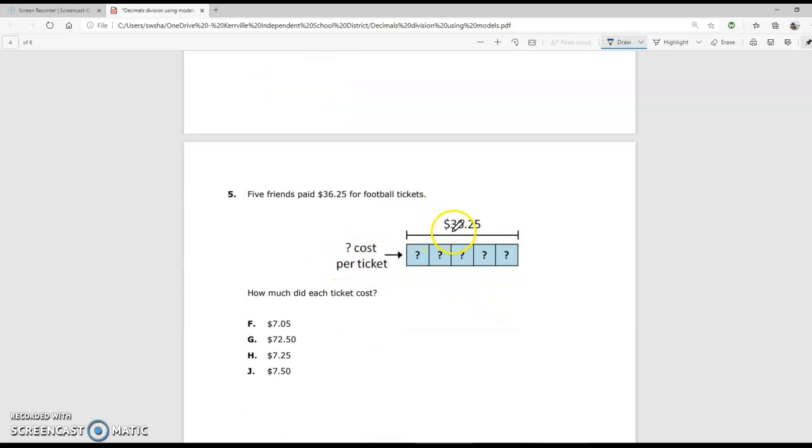Number 5. Oh, that's super easy. You have 5 friends, so that's 5 of them. It's dividing $36.25 for football tickets. So how much does each one cost? And if you write your GET again, when you have each as your question, that is a division problem.